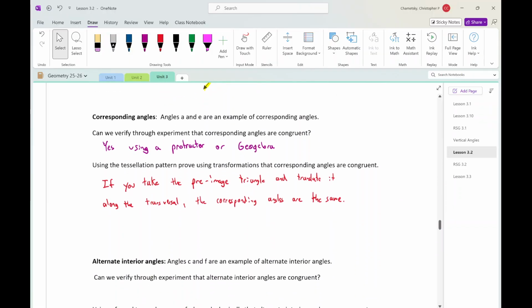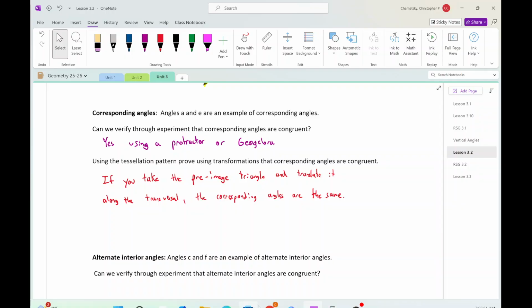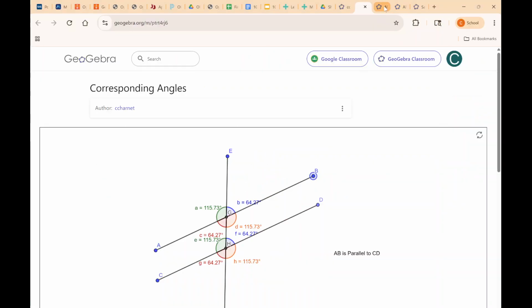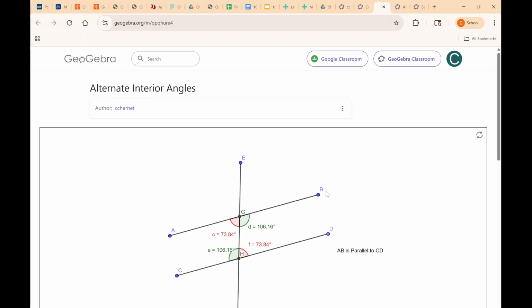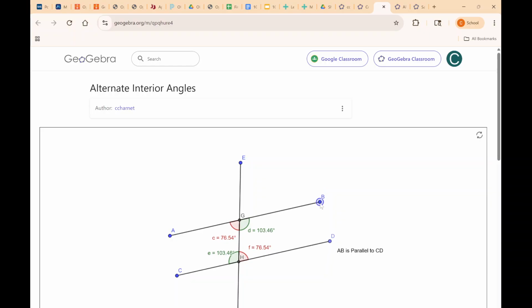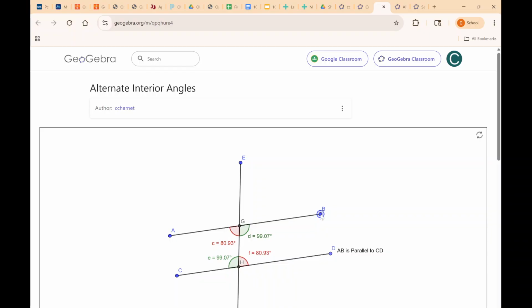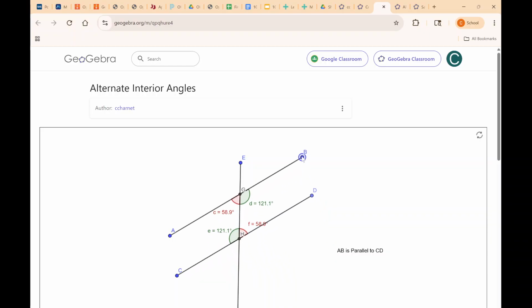So first of all, let's see if we can measure, looking at an example. So here's our alternate interior angles, these two green ones and also these two red ones. And we can see that no matter what, the alternate interiors, the ones that are across from each other and inside our parallel lines, are always the same measurement.